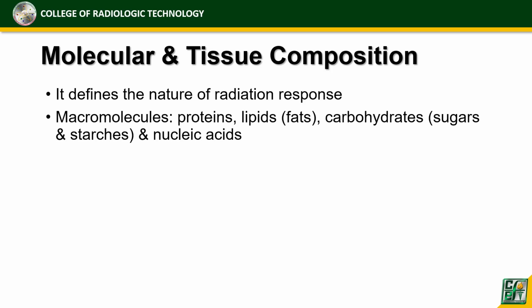Okay. So ilan sa mga mahalagang molecular substances yung tinatawag natin na macromolecules. Okay. These macromolecules includes proteins, lipids or fats, carbohydrates, that includes sugars and starches, and nucleic acids.